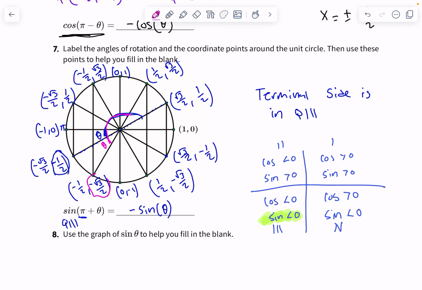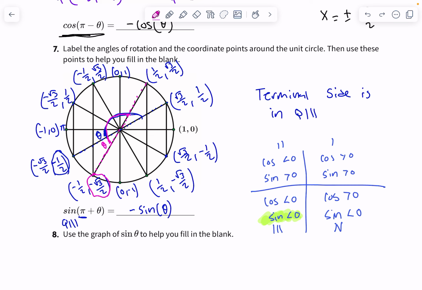So this is sine of pi plus theta. And if you fly directly diagonally across, it's just a negative version. That's all it is. So the sine of pi plus theta is the same as the negative sine of the reference angle.